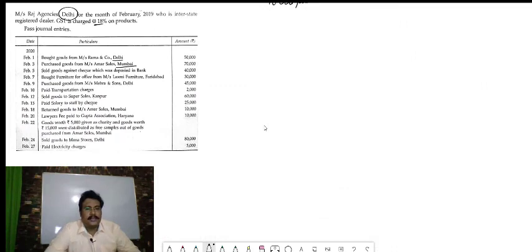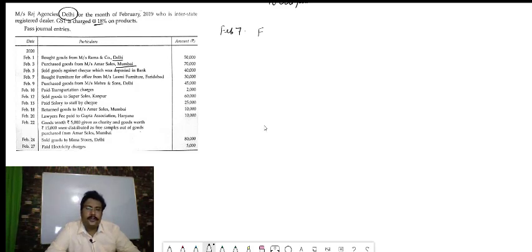It will be February 7. Bought furniture for office from Messrs. Lakshmi Furniture, Faridabad. Faridabad is in where? It is outside of Delhi. I think Faridabad is in Haryana. So February 7, outside of Delhi, and it will be, bachcho, bought furniture.